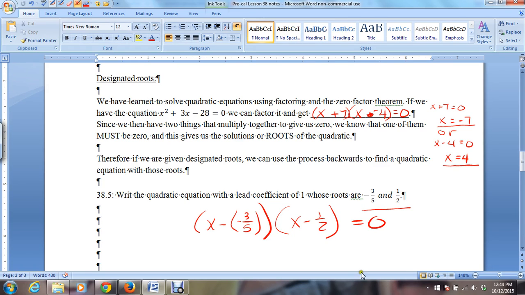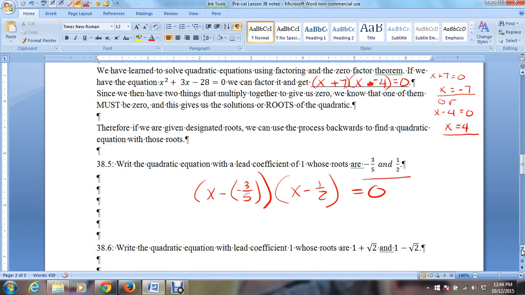So in order to make this look like a nice quadratic equation, I have to multiply it out. I would multiply x times x and get x squared. And then I'd have minus 1/2 x plus 3/5 x minus 3/10 equals 0. Then I would combine my like terms.